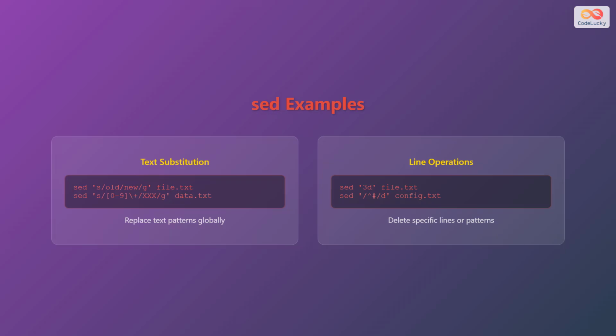For line operations, sed '3d' file.txt deletes the third line from file.txt. The command sed '/^#/d' config.txt deletes all lines that start with a hash symbol, which are often comments, from config.txt.